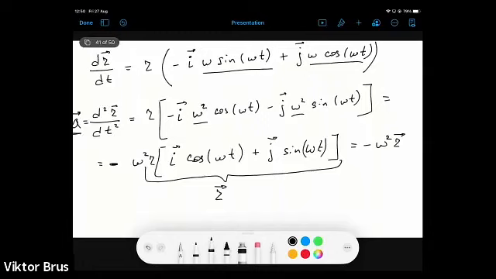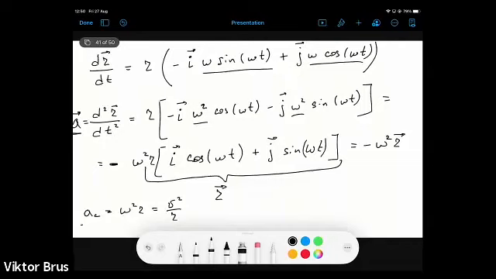And here we have the analytically derived equation for the centripetal acceleration. We know that centripetal acceleration is equal to omega square r. We introduced this, and this is v squared divided by r.